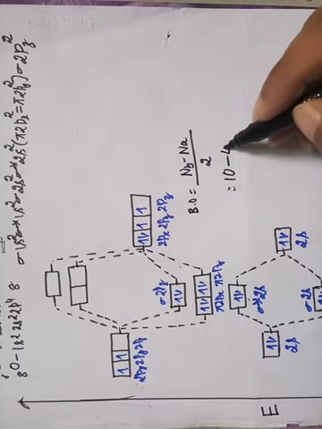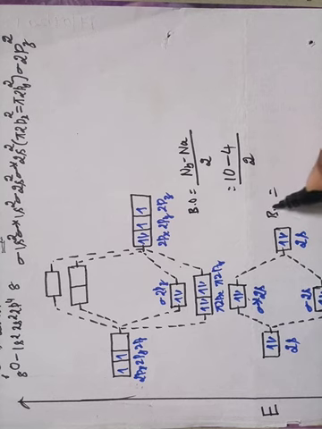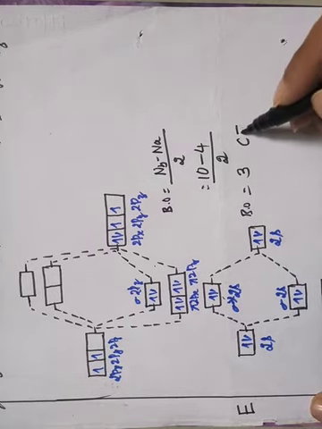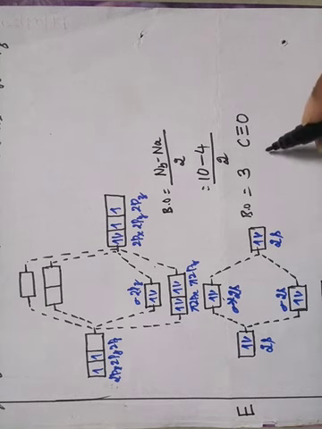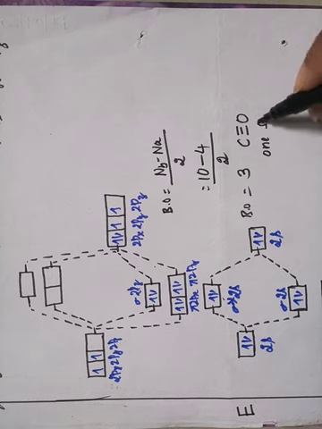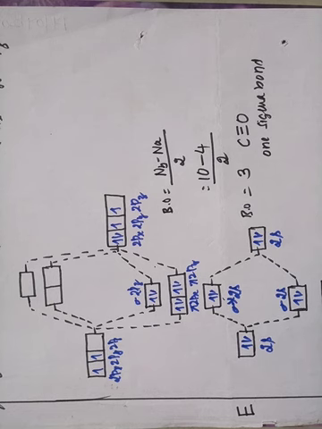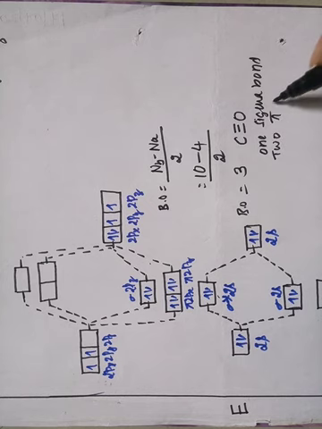So the total number of electrons in the anti-bonding molecular orbitals is 4, divided by 2. Therefore bond order is equal to 3. That means there is a triple bond between the carbon and the oxygen. In this triple bond, one sigma bond and two pi bonds are present.